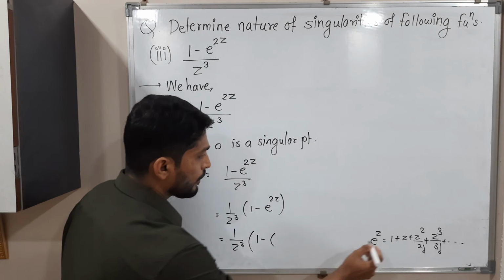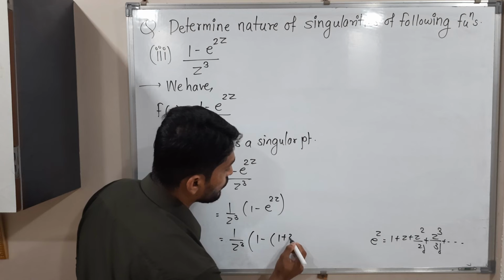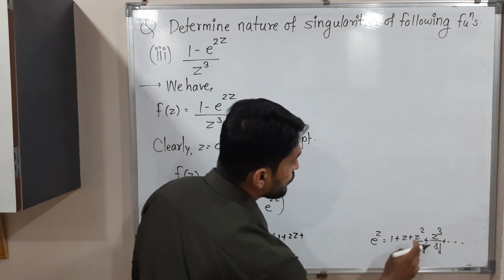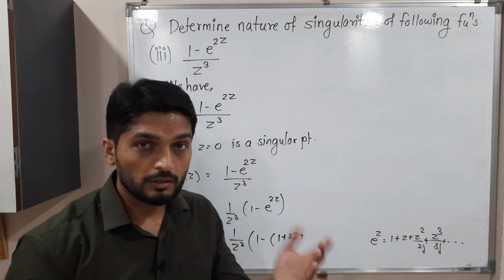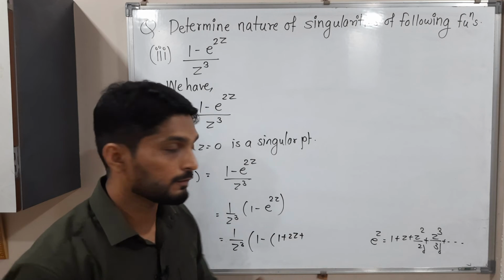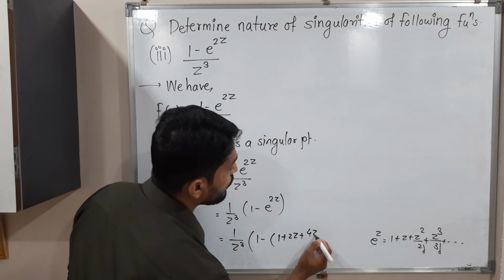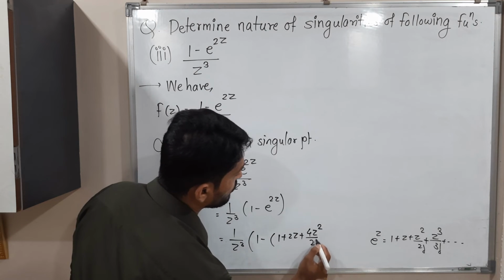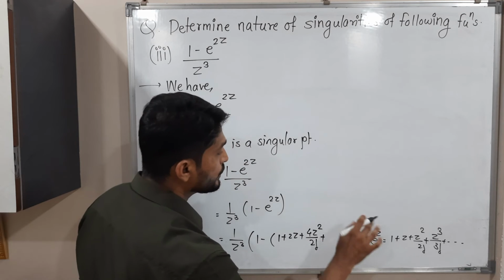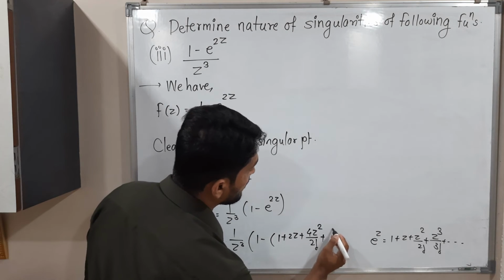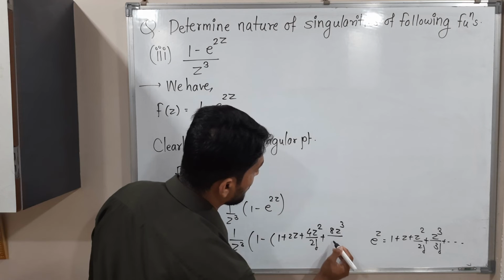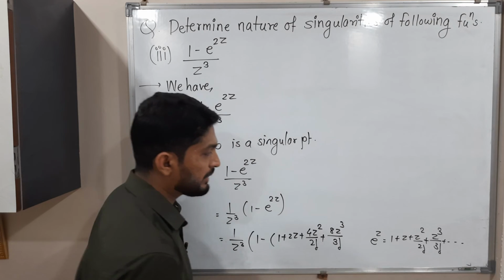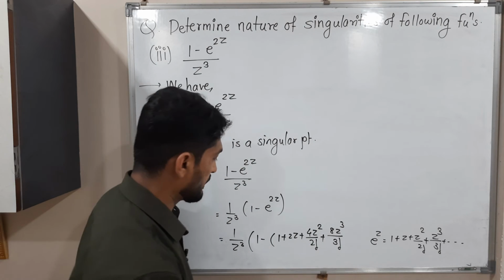Okay, 1 plus 2z plus (2z) square, that means square of 2 as well as square of z, so we will have 4z square by 2 factorial. Next, (2z) cube means 8z cube by 3 factorial. I am taking the power directly here and writing.